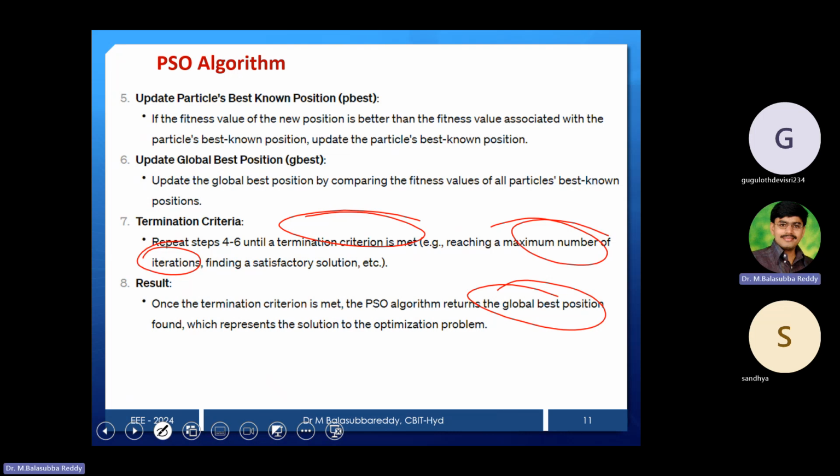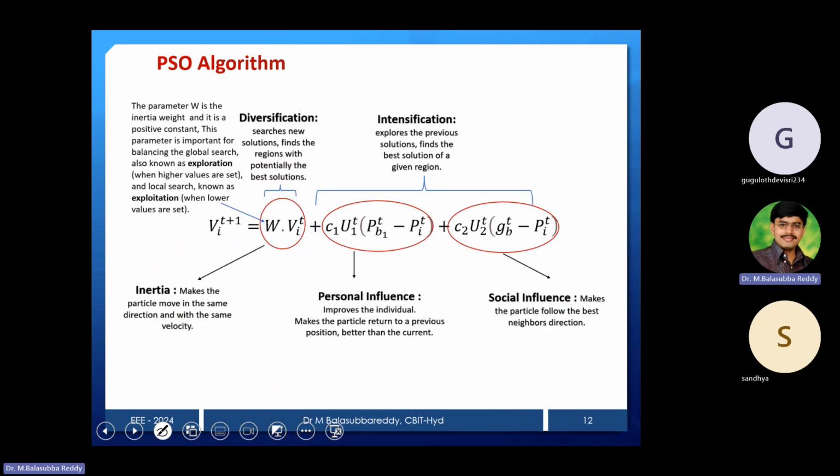Once the G best and P best are clear, then the termination criteria is reached. The results: once the termination criteria is met, the PSO algorithm returns the global best position, which represents the solution to the optimization problem. So this is the algorithm.